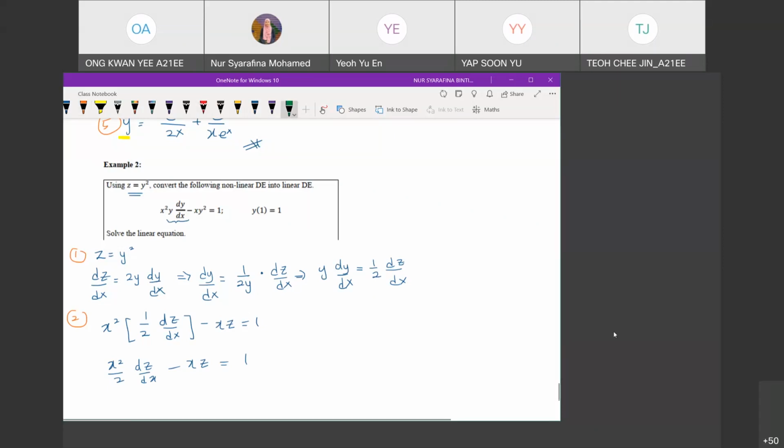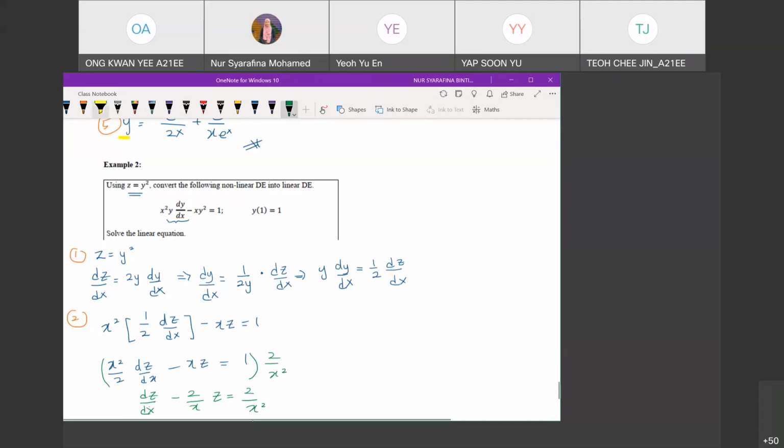So everything here, multiply with 2 over x squared. You have dz/dx minus 2 over x z equals 2 over x squared, right? Just simplify the function.